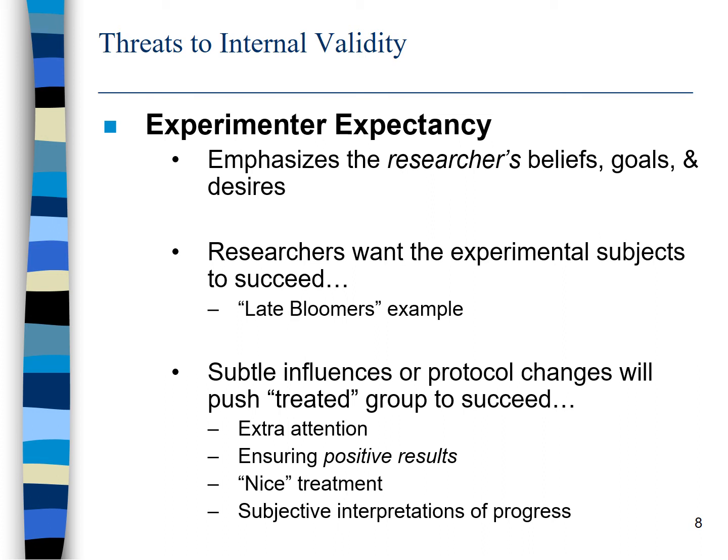And I say here under that second bullet point, the late bloomers example. The late bloomers example refers to a classic study that's been replicated multiple times, where they've gone into elementary school settings to see whether teachers would fall into this experimenter expectancy threat.